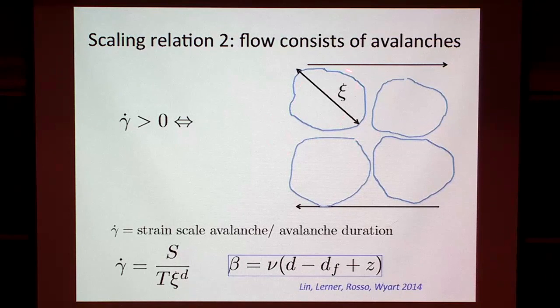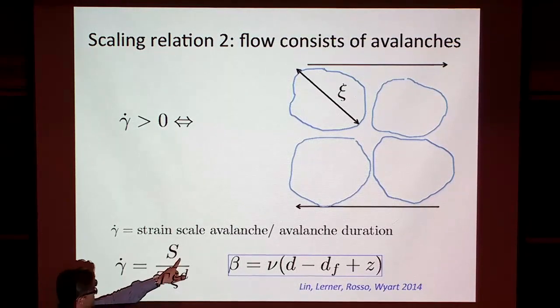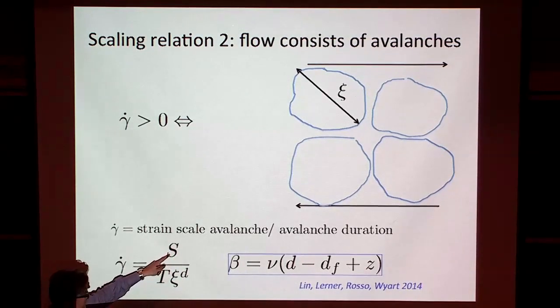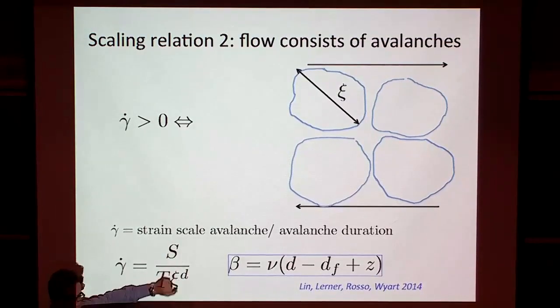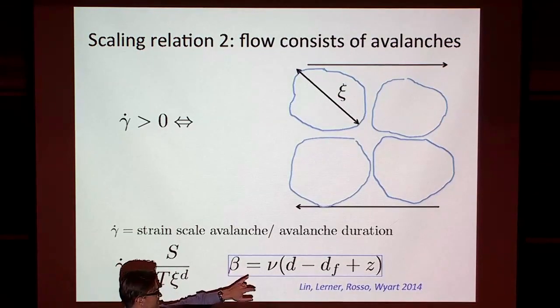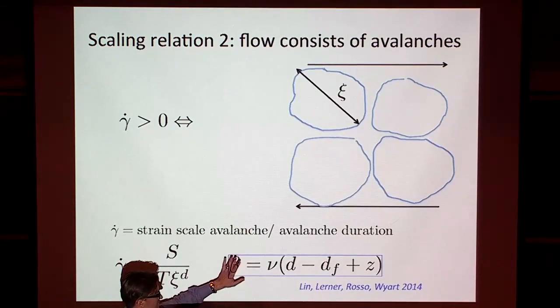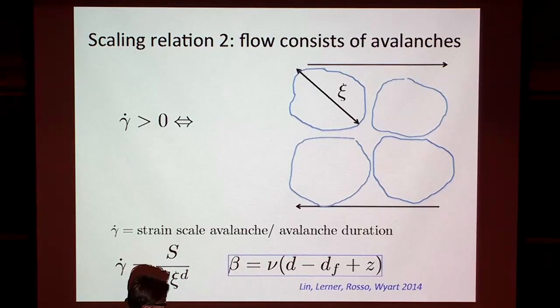And now we can just compute what is the characteristic strain rate of an avalanche of size psi. So this is going to be the characteristic size of the avalanche divided by the volume, that gives me a strain, divided by the duration of the avalanche, this gives me a strain rate. And that gives you a second relationship between exponents, with the dynamical exponent.